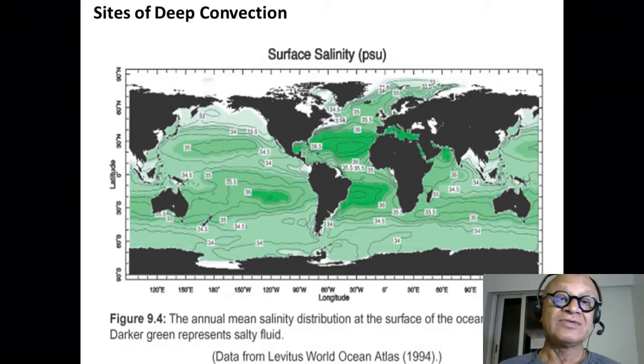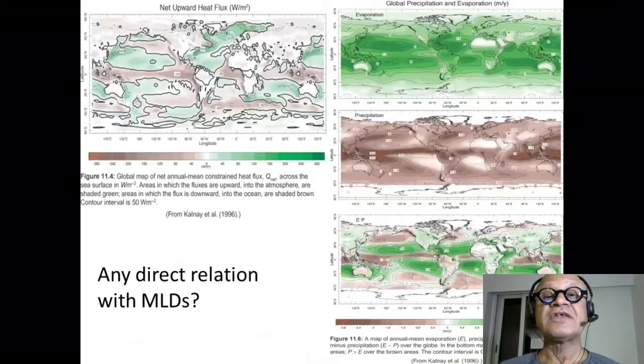High salinity, of course, is favorable for increasing density with the heat loss. You can see the heat losses here in the Labrador Sea and the North Atlantic GIN Seas. This is the annual mean. Obviously, you have to look at fall and winter months, which will be even stronger.